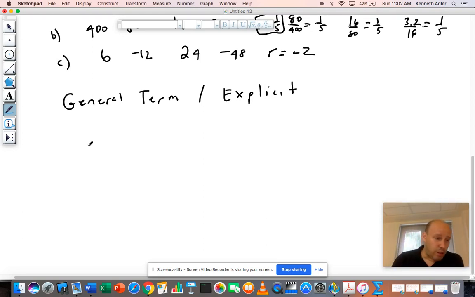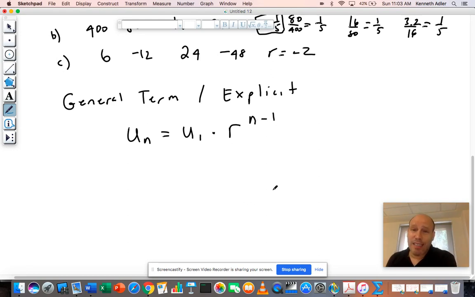So once again, we know what the recursive formula looks like. The general term is u of n equals u of 1 times r to the n minus 1. It looks exactly like the arithmetic sequence, except instead of jumping by addition, we're jumping by multiplication, right?